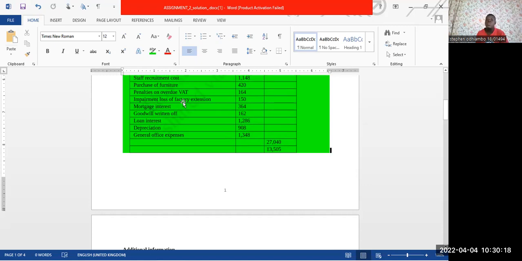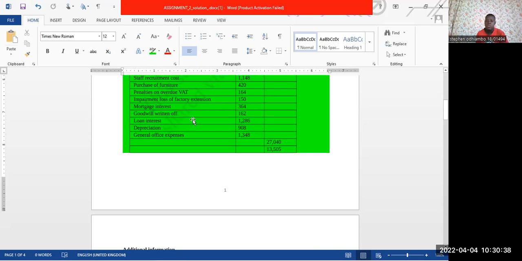Penalty on overdue VAT, that is value added tax, 168. We have impairment loss on factory extension 150. Mortgage interest 364. We have goodwill written off 162.